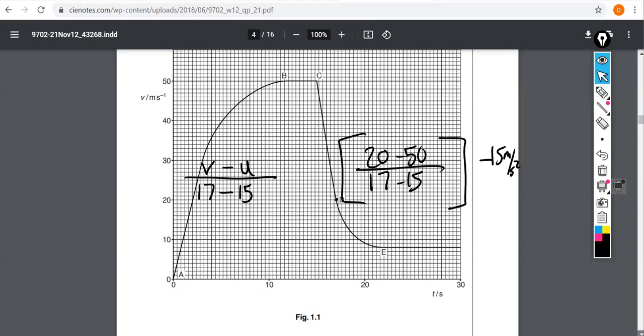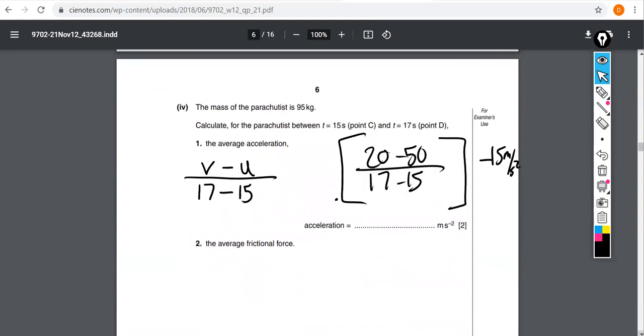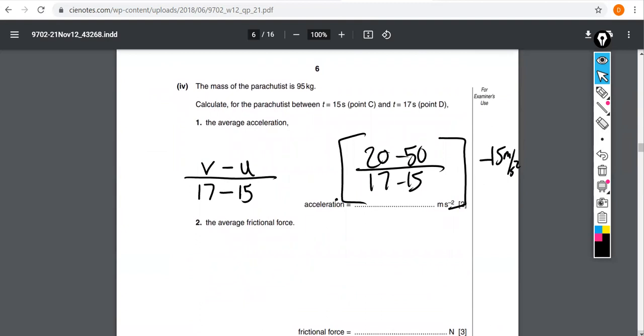Question? I did the equation wrong, but I still got the right answer. I did 15 minus 20 over 15 minus 17.